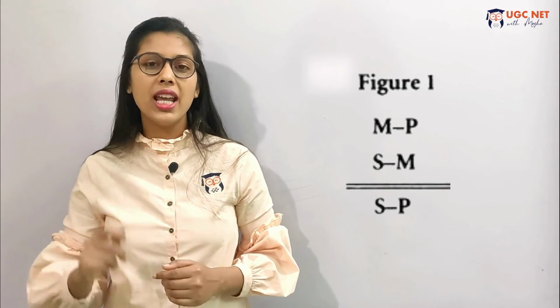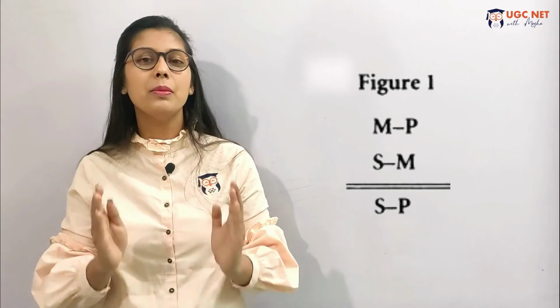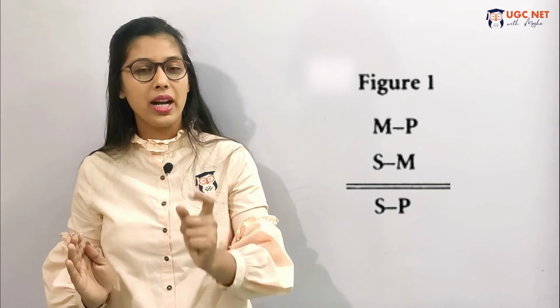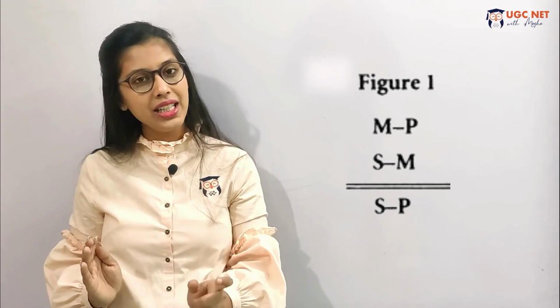So on the basis of this, we can draw 4 figures out of syllogism. So first figure could be MPSM, which simply means middle term, predicate, subject and the middle term out of the 2 given statements.